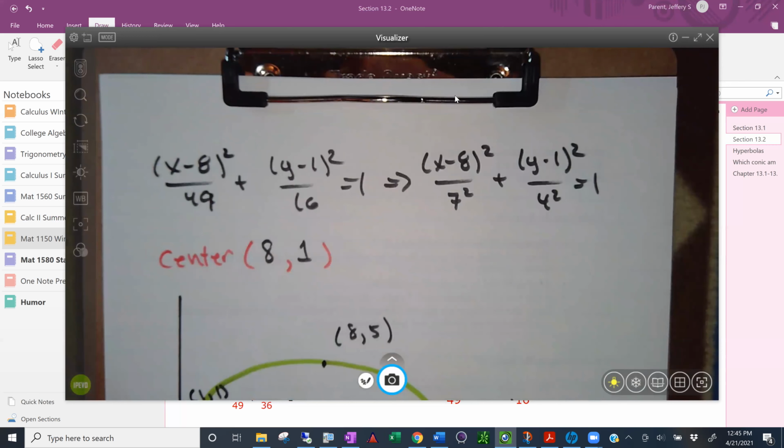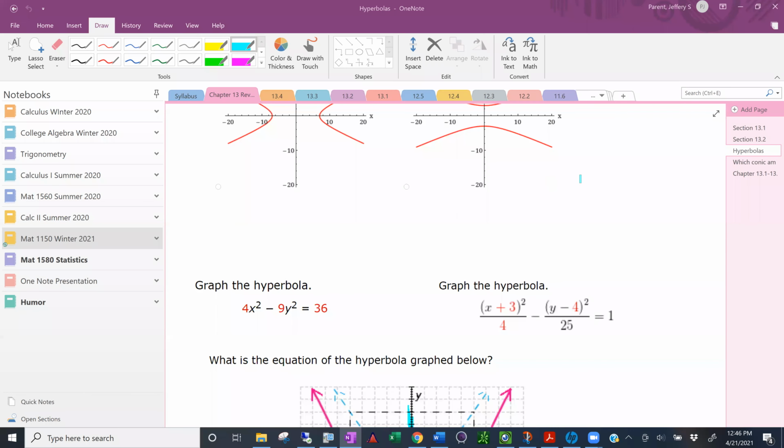That's a small detail, but it makes all the difference in the world. So when you have two squared terms in your graph, one of them is positive and one of them is negative, then you're looking at a hyperbola. So let's take a look at some hyperbolas, finish this section up.